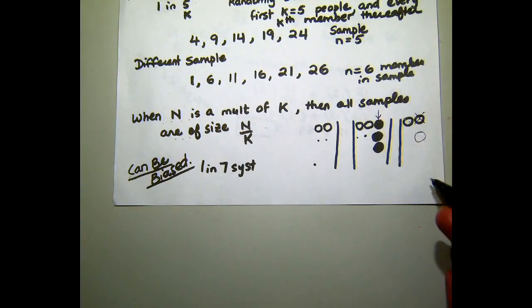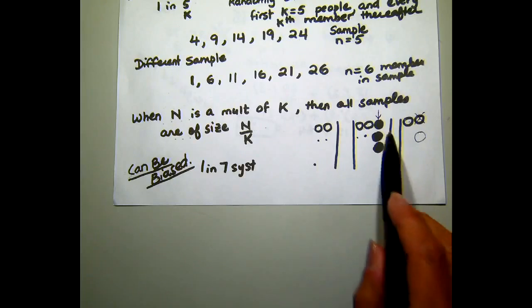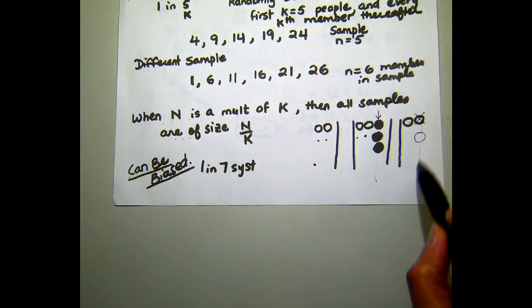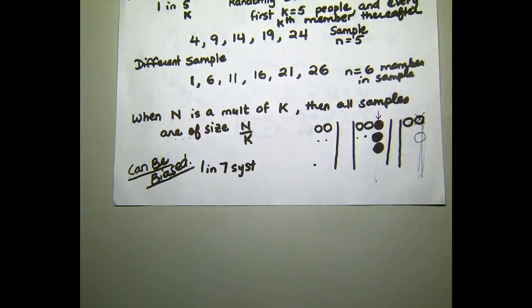That's why it's biased, because bias means that everybody doesn't have the same chance of being in the sample, right? So the minute they determine that they're going to do 1 in 7 systematic sampling, and they pick the first guy on the aisle, that means everybody's going to be on the aisle because there are 7 people across, right? So how fair is that? Polling these guys and polling the guys by the window is a different story. Agreed? So that's why it's biased.